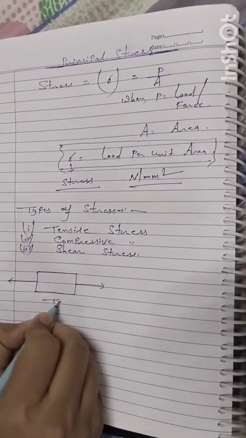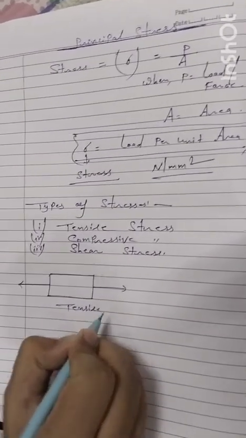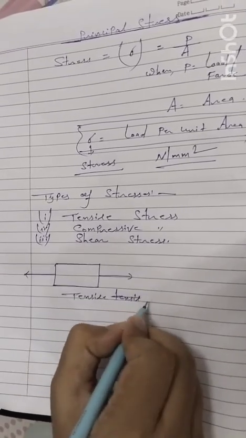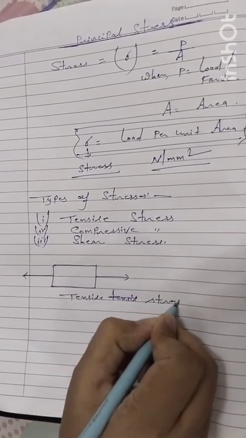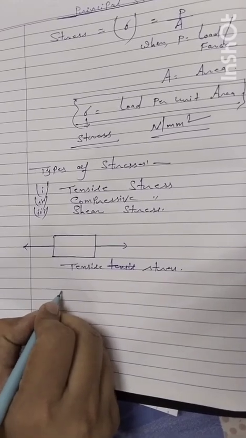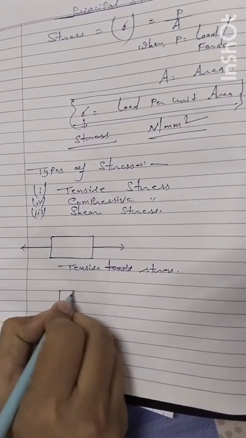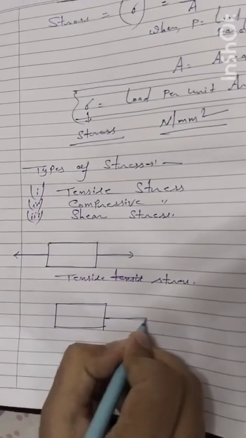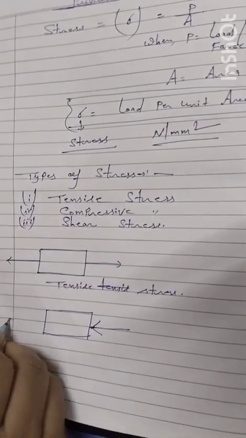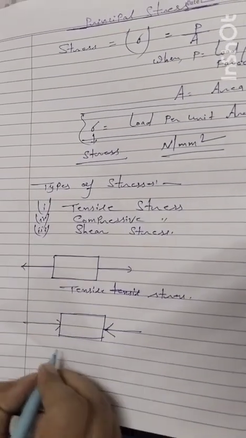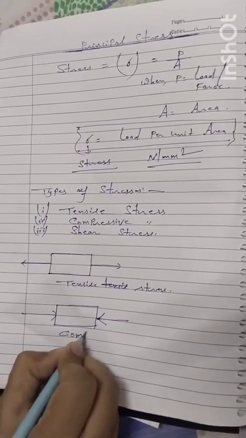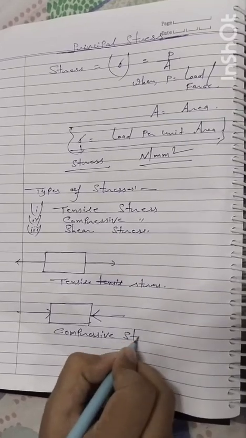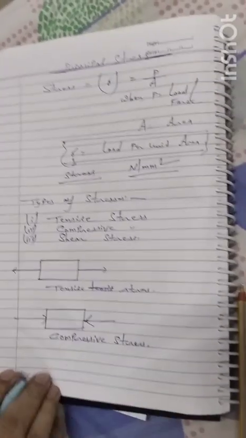what exactly tensile stress is and what exactly compressive stress is. This is called tensile stress. Now we have compressive stress. This is called compressive stress.